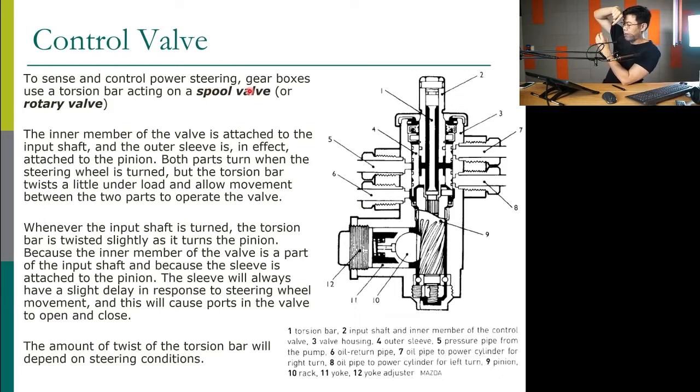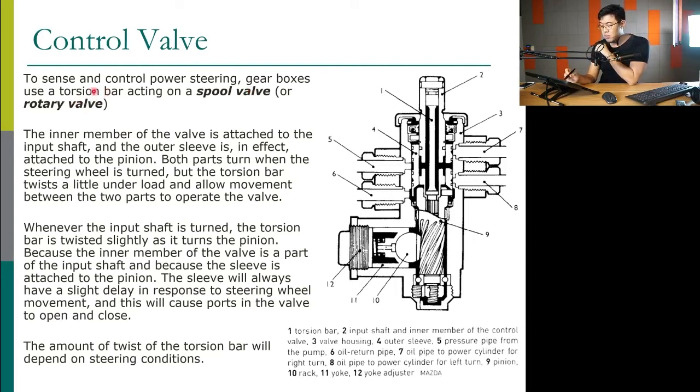There is a flow in. The inlet is outside, the outlet is inside like that. So there is a valve like this. The supply is outside, it goes past the valve and goes out like this. So this is a spool valve. This spool valve connects to a torsion bar.